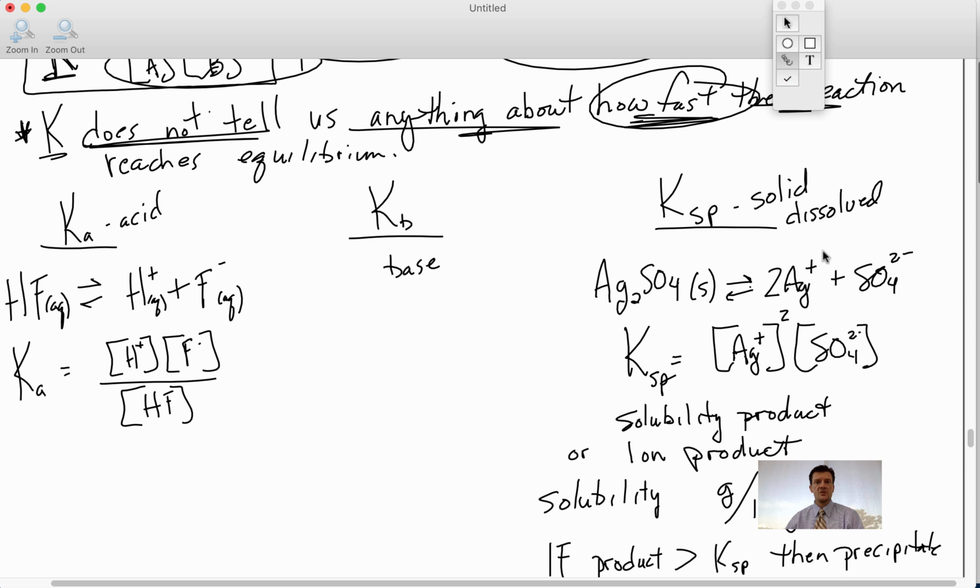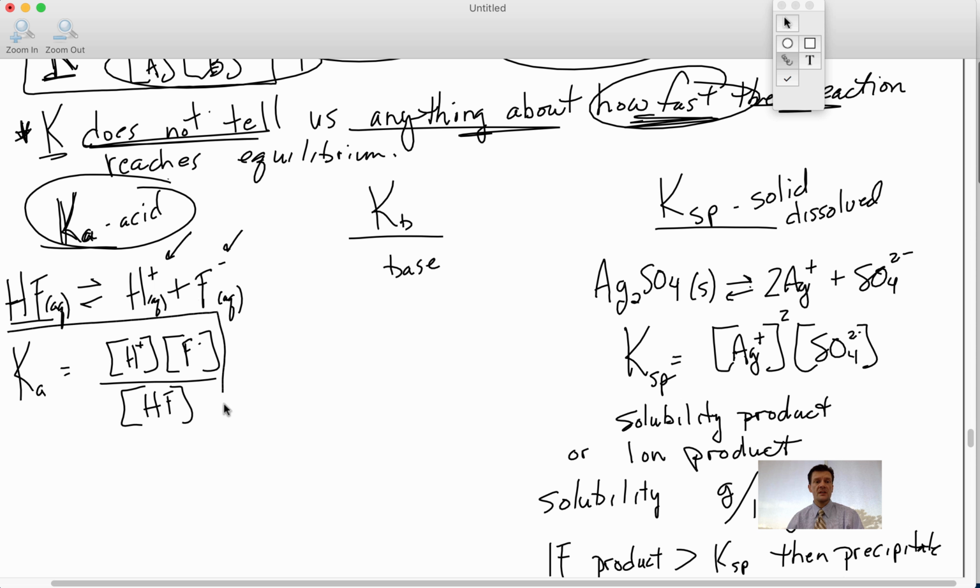Also, I need you to know that K is the equilibrium constant expression, but we could have a K value for the dissociation of an acid, and so we might write K sub A. That A just means for an acid, like a weak acid. Hydrofluoric acid, you put into water, it dissociates into the ions, H plus and F negative.